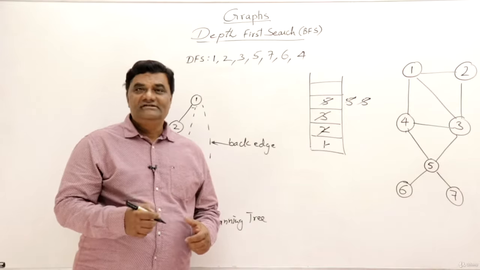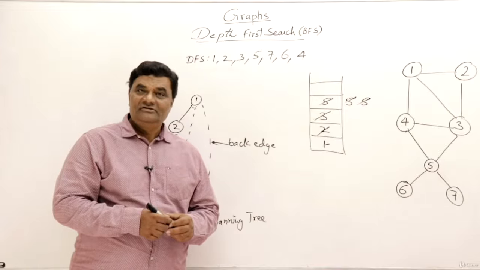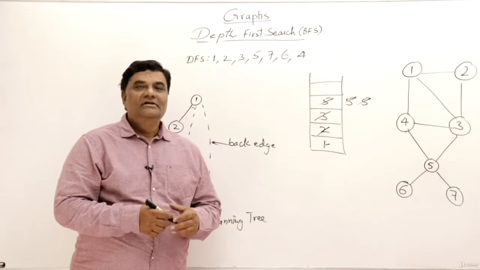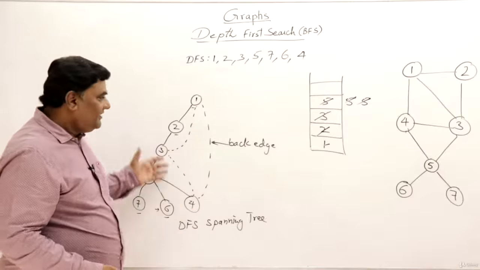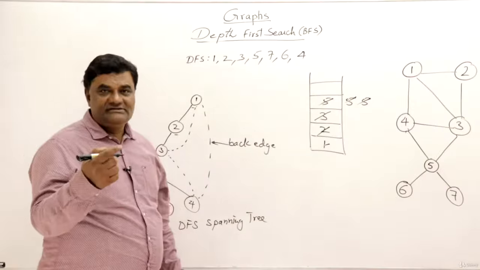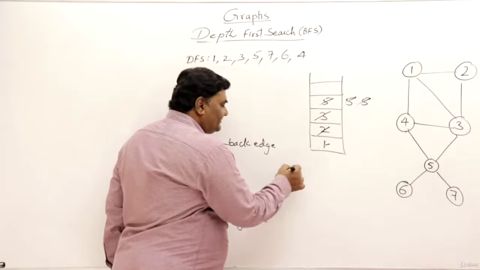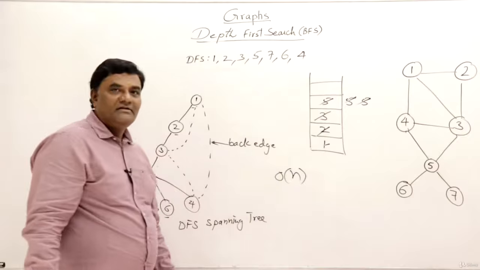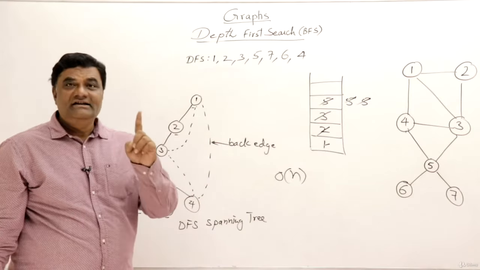The next thing, we will see the analysis. What is the time taken by this depth first search method? The time depends on the work that we are doing. We are visiting all the vertices once. How many vertices are there? N vertices, so the time is order of n. Remember, this is the analytical time.